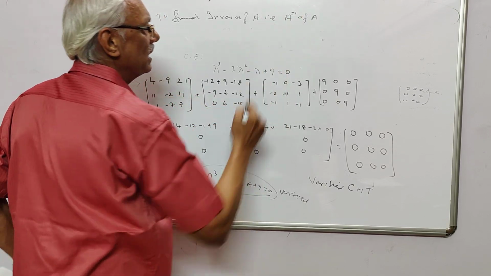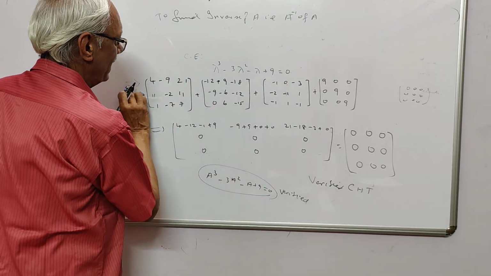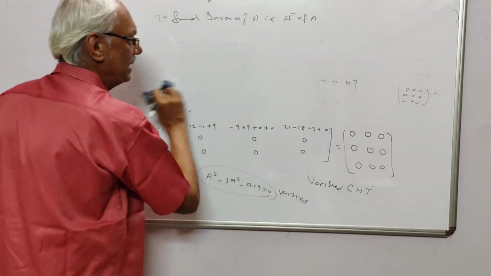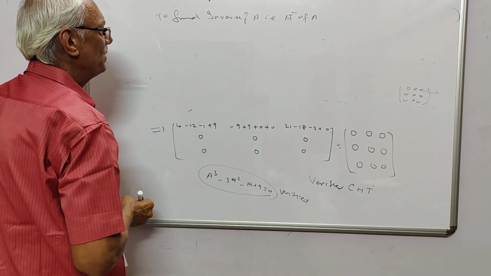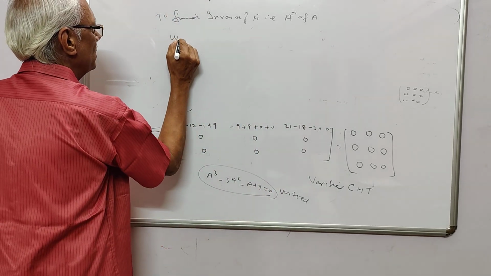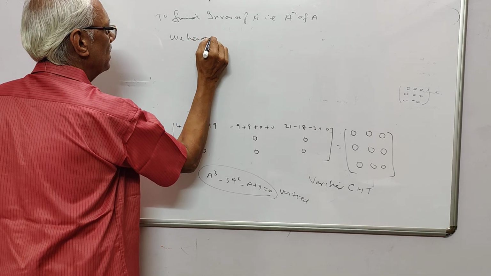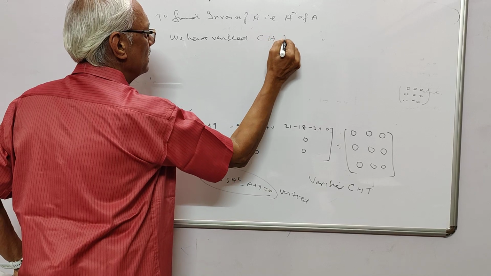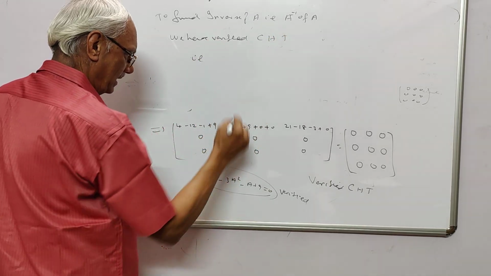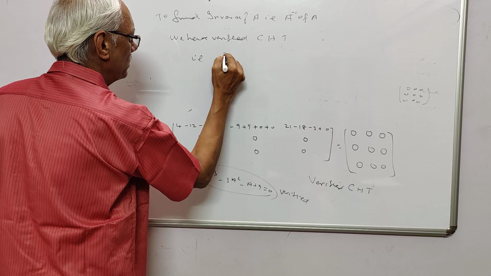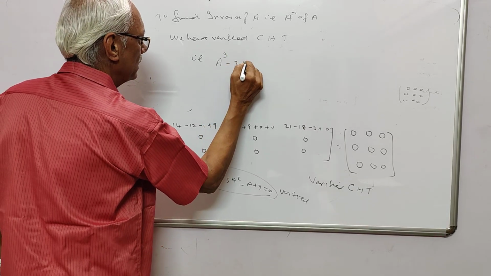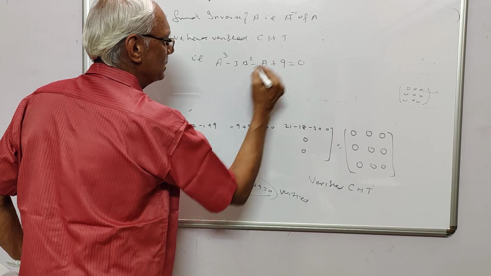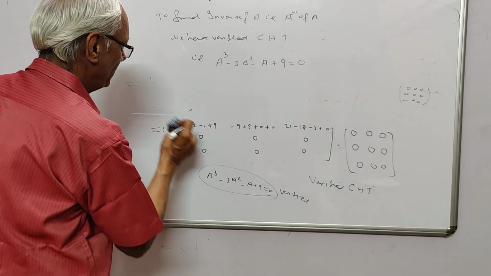Now I will write here, we have verified CHT, that is a cubed minus 3a squared minus a plus 9 is equal to 0. Verified. Okay. Now this is verified.